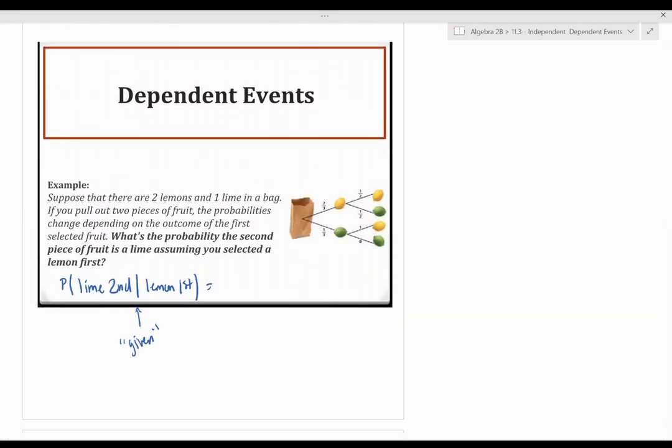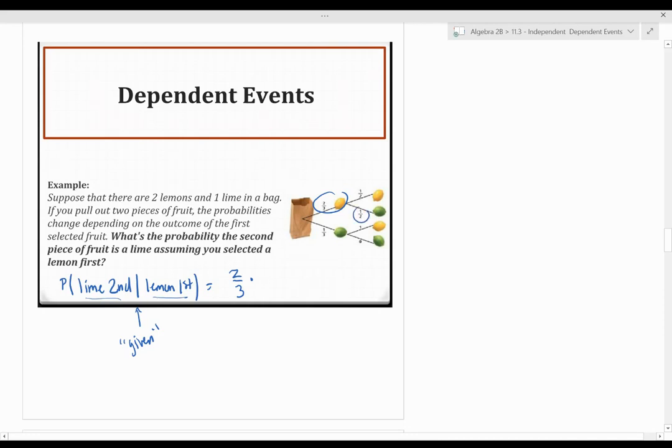All right, so back to this lemons and lime example. Let's say we want to know the probability the second piece of fruit is a lime, assuming that you selected a lemon first. So I'm going to say the probability of getting a lime given that I got a lemon on the first draw. So I need to ask myself, well, what's the chance that I got a lemon on the first draw? Well, it looks like originally there was a 2/3 chance on the very first draw to get a lemon. Now I want to know what's the chance of a lime happening as a result.